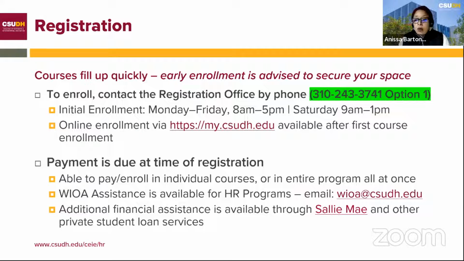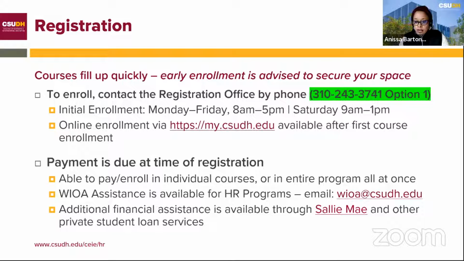The Federal Workforce Innovation and Opportunity Act, otherwise known as WIOA, provides funding through the California Employment Development Department for qualifying students who are currently unemployed or seeking career training. For more information, please email wioa@csudh.edu or visit our program website.